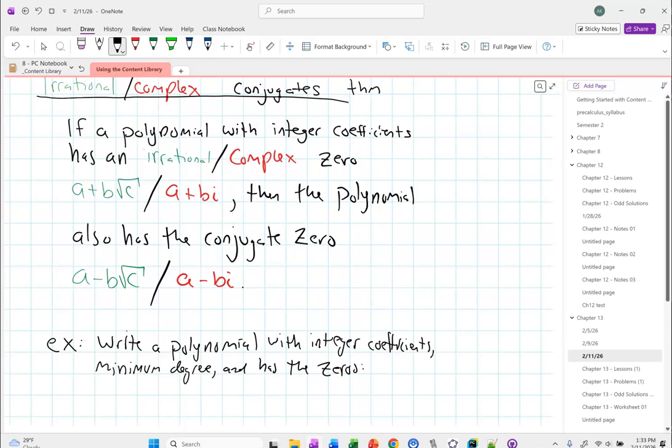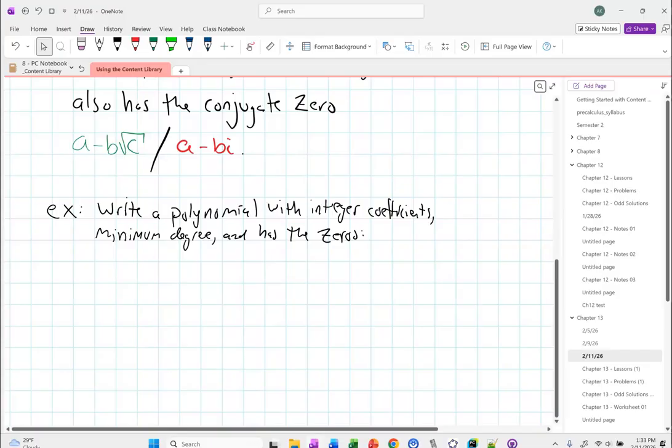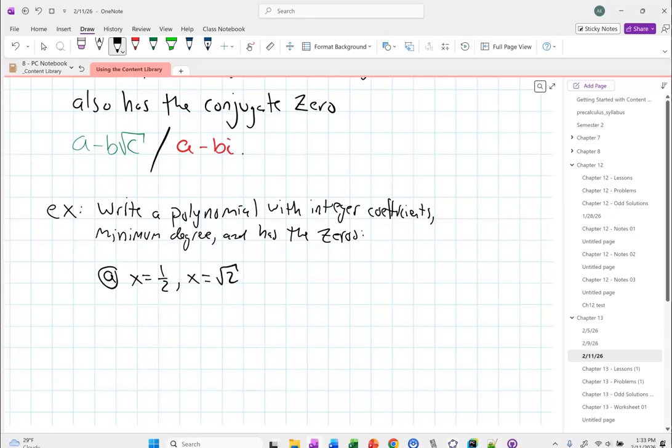So I'm going to do two kinds of examples here.